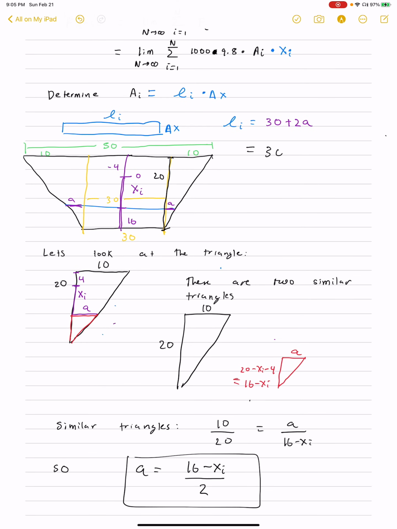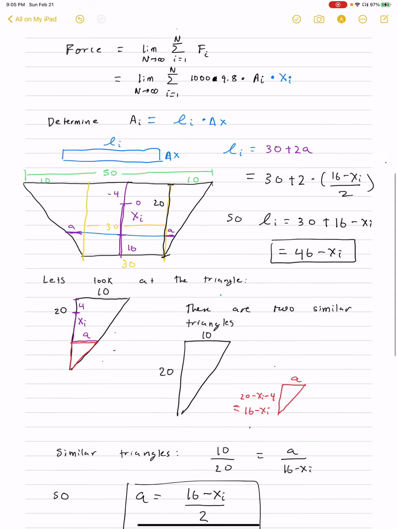It's going to be 30 plus twice times 16 minus x sub i over 2. So L, the length of the little strip, is going to be 30 plus 16 minus x sub i, or 46 minus x sub i. Okay, now we have our equation for L.